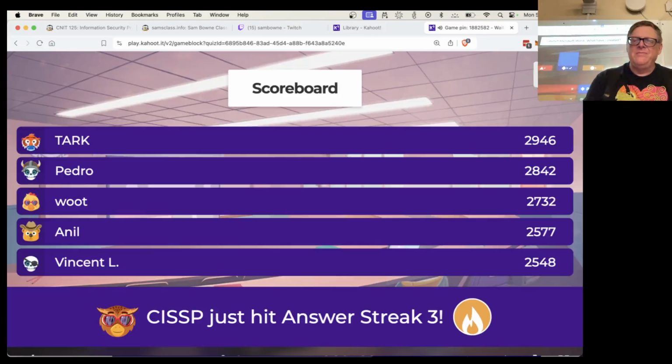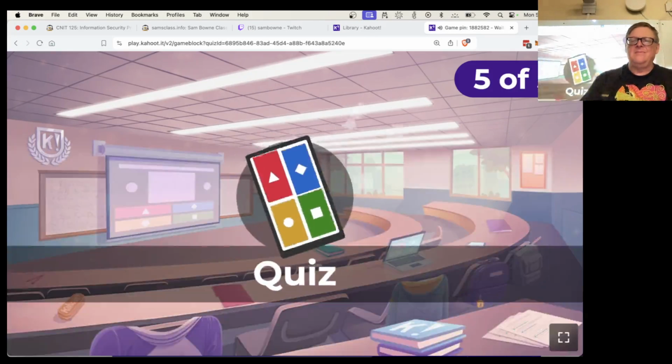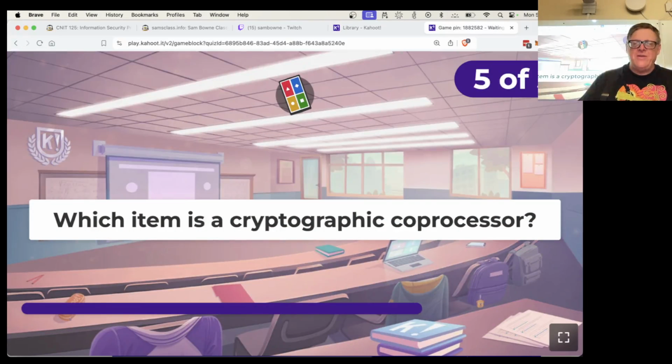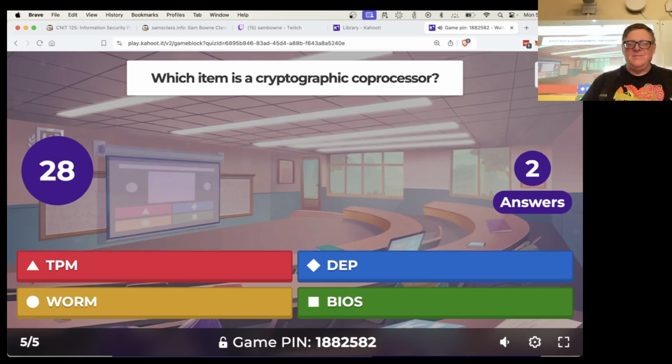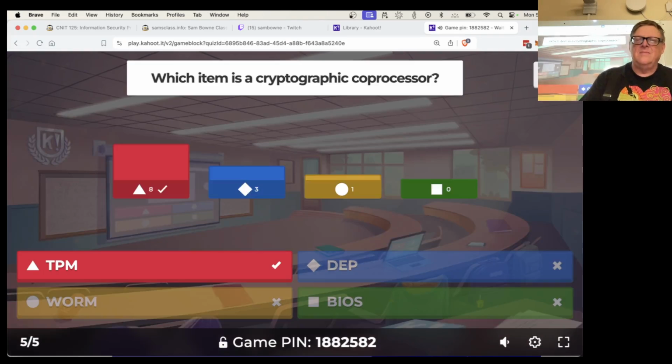That's a process. Good. And the cryptographic coprocessor is the trusted platform module, which creates what the Orange Book calls a trusted platform, so they can sell that computer to the military. It meets the military standards.